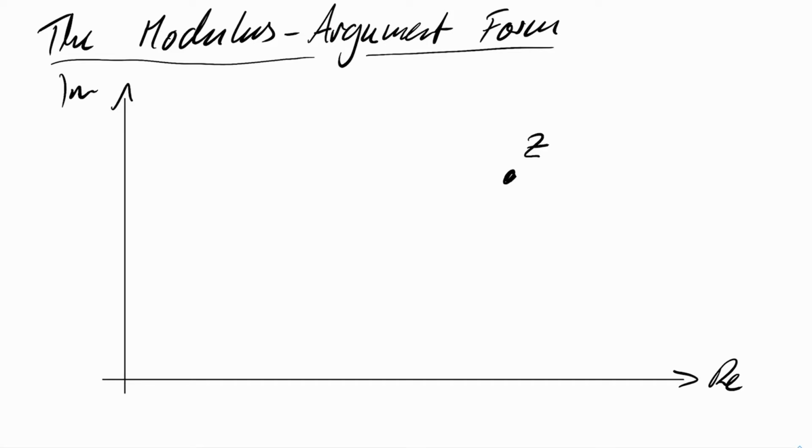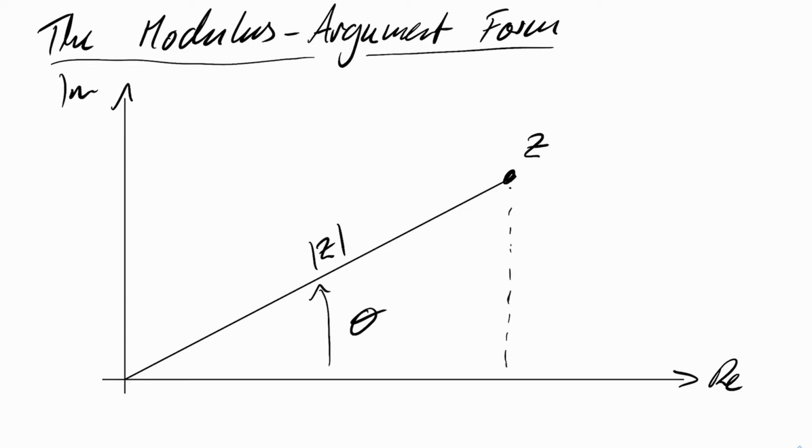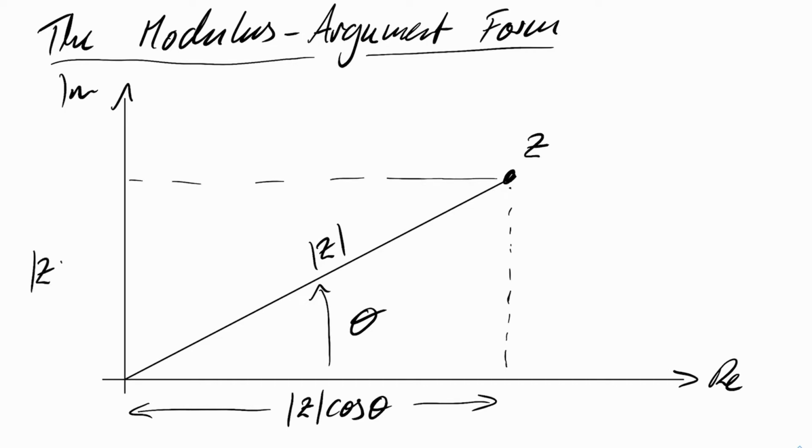Let's consider this as follows. If we have a number z in the complex plane, we've seen that if we draw the line from the origin to the complex number, we call the distance to that the modulus and the angle made with the real axis the argument. Using these two numbers, it's just a matter of trigonometry to see that along the real axis we have a distance |z| cos theta from the origin, and along the imaginary axis we have a distance |z| sin theta.